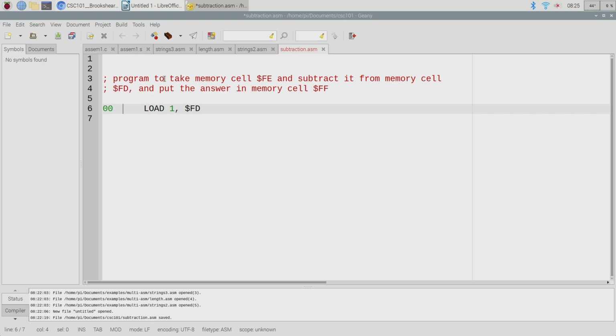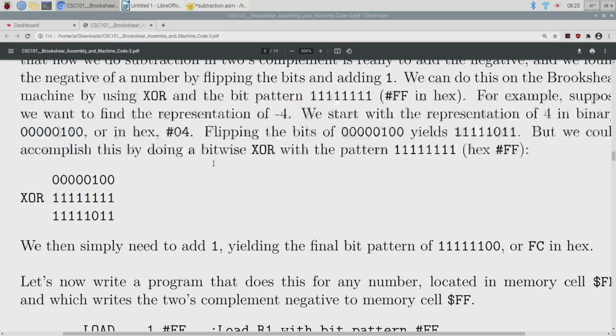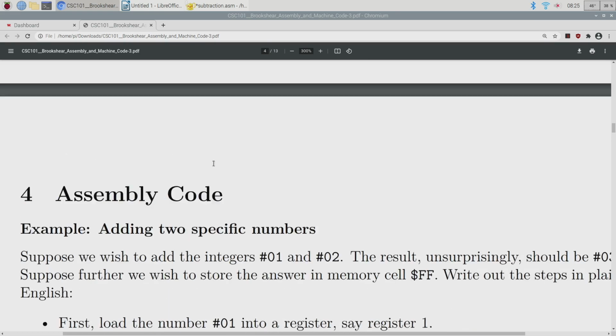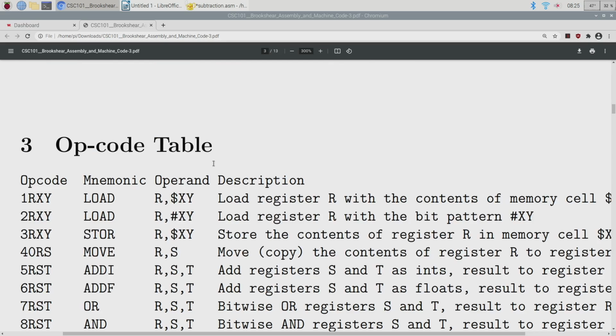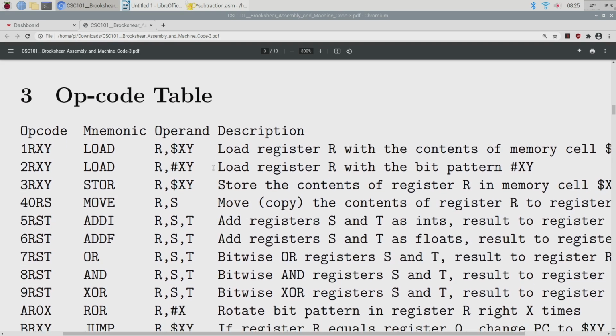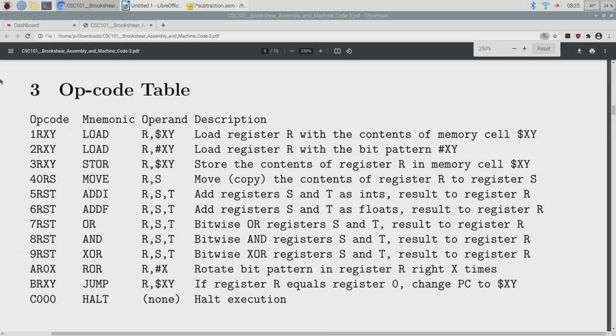Yes. Which one? Well, let's go back up to the list. Okay, which one do we want? Opcode 1 or opcode 2? Opcode 1. Okay.